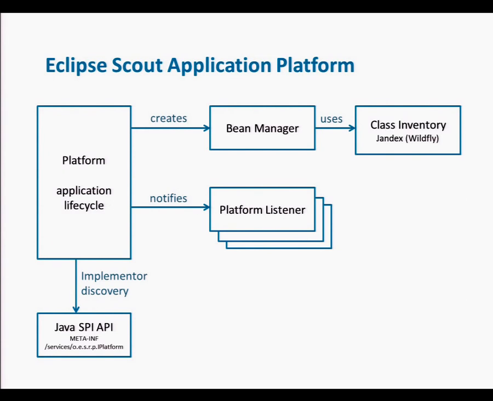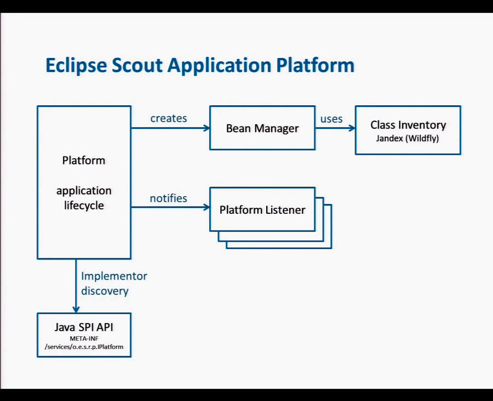This slide gives you an impression of what our platform looks like. You see the platform, which is responsible for the application lifecycle. As you can see down here, the platform implementer can be changed. When the application starts up, a platform implementer is looked for through the Java Service Provider Interface API, the standard Java mechanism to change implementations.